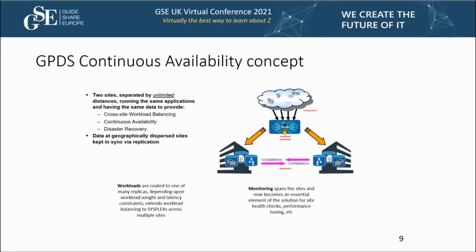With GDPS CA, we do not use this approach, but instead we rely on IBM InfoSphere Data Replication, which will capture the workload transaction on one site and send it over to the other site, where the transaction will be replayed with an apply engine.